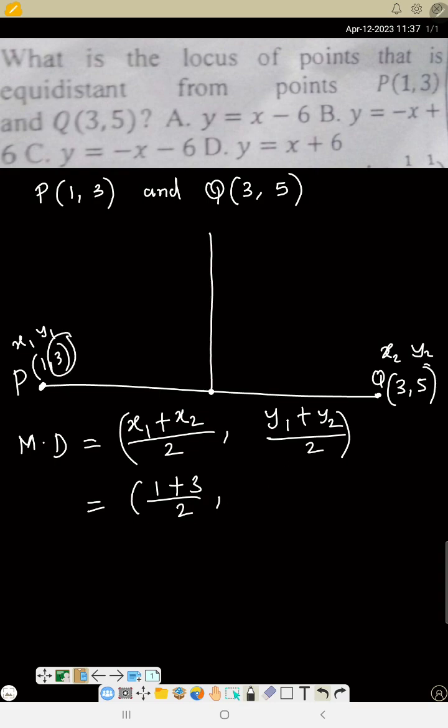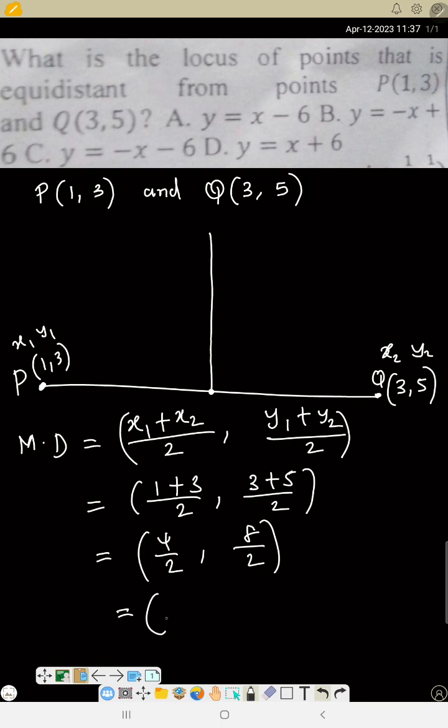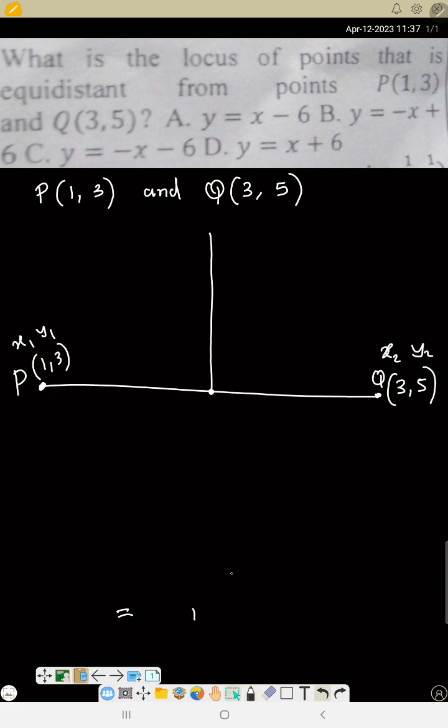Also y1 plus y2, 3 plus 5, divided by 2. So this is 4 divided by 2, 8 divided by 2. So the midpoint is (2, 4). That means the midpoint where the locus divides the points into 2 equal parts is (2, 4).